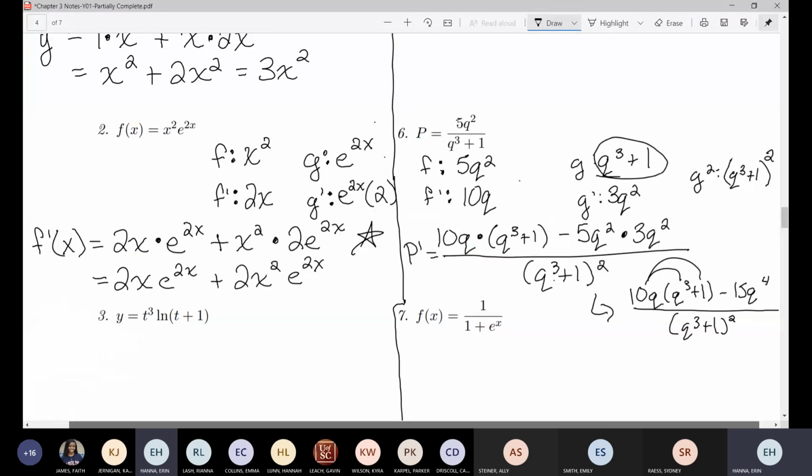So I took the original denominator and I just square it. And that extra piece comes in because we're doing a quotient rule instead of a product rule. So quotient rule has this tiny extra piece of that g squared on the bottom. Hopefully that made sense.